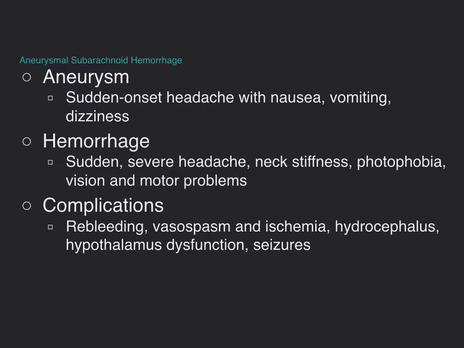Other manifestations include signs of meningeal irritation like nuchal rigidity. Nuchal rigidity is stiffness of the neck. The nuchal area is the area at the back of the neck by the spine. And photophobia, or light intolerance.